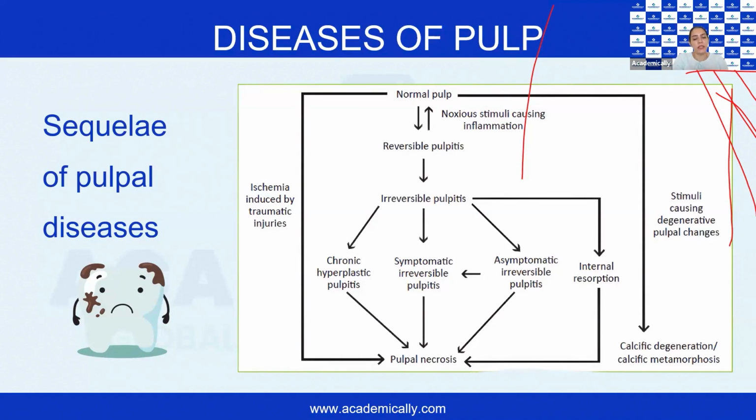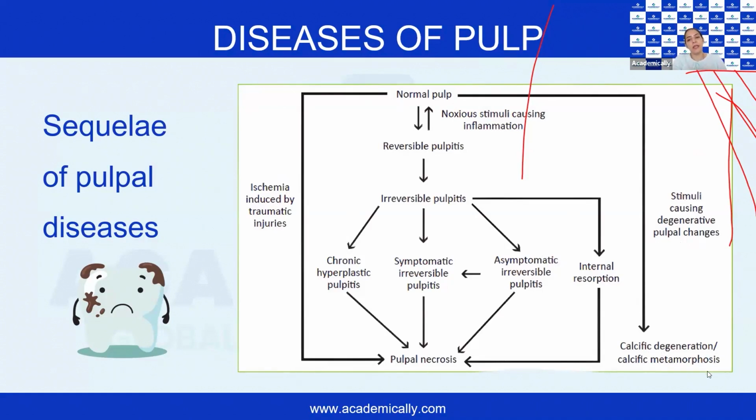Something is eating up the dental tissues. It is internal resorption. Then pulp necrosis can also happen by traumatic injuries, which will be dealt with in detail later, and stimuli causing degenerative pulpal changes, which is calcific degeneration or calcific metamorphosis.